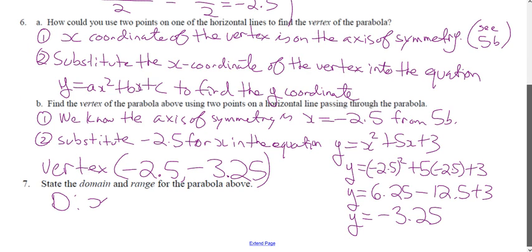Element of the reals. And for this one, what can we say about the range? It opens up, so it's greater than or equal to the y coordinate of the vertex, greater than or equal to negative 3.25. Okay, any questions?